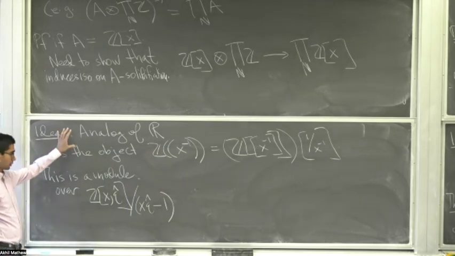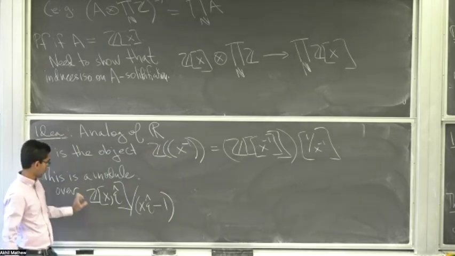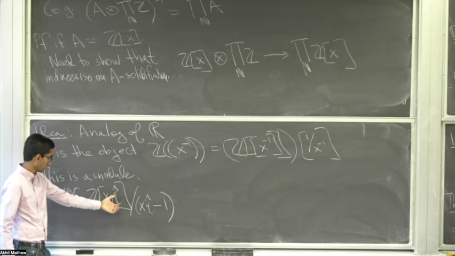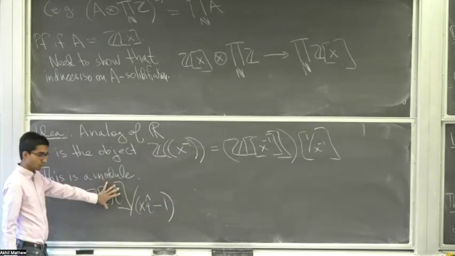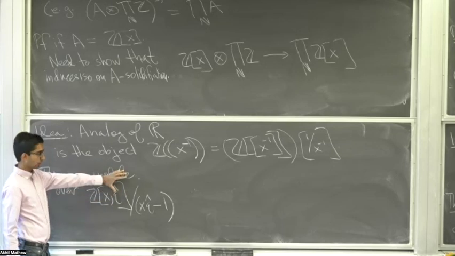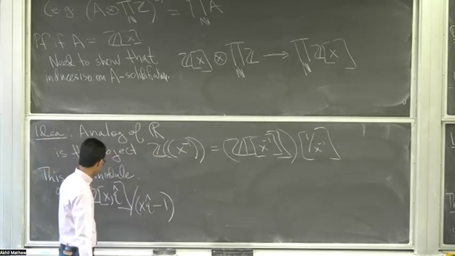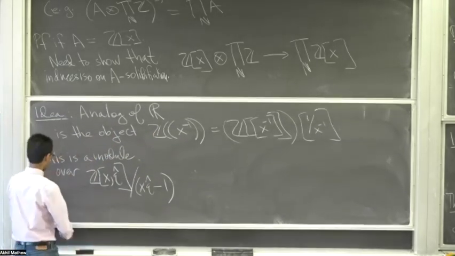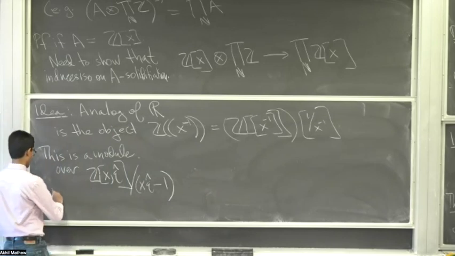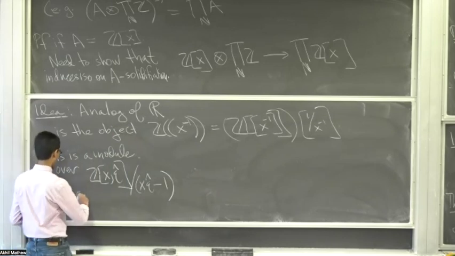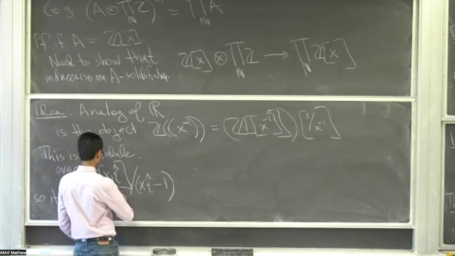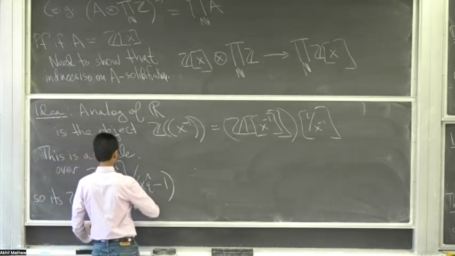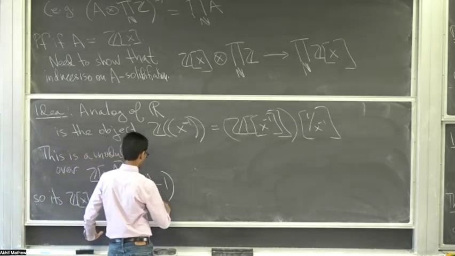This is exactly how the real numbers receive the map from Z brackets hat on 2 times Q hat. So it's a module over this object, and that means by construction its solidification as a Z brackets X module is 0.